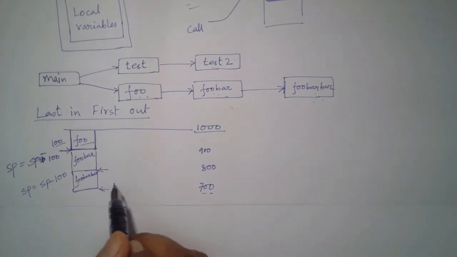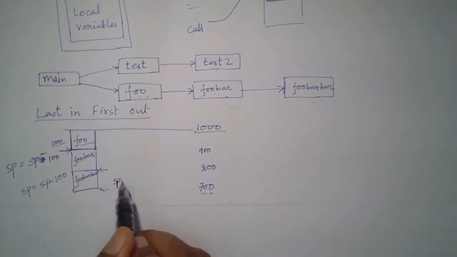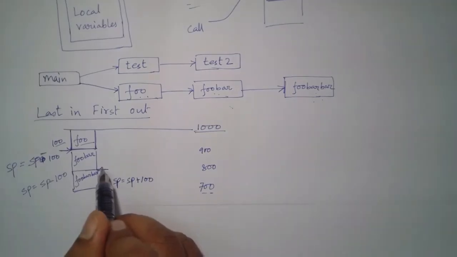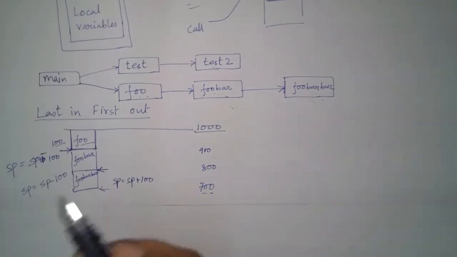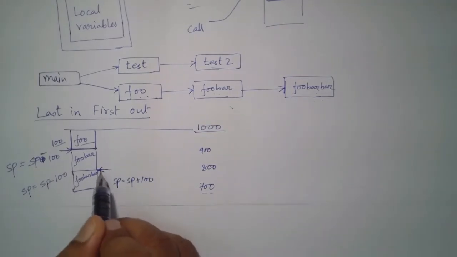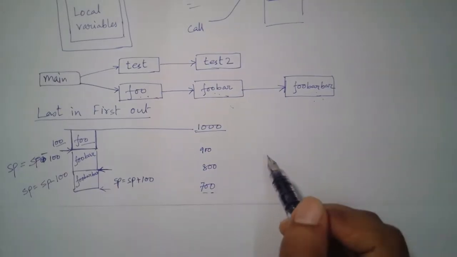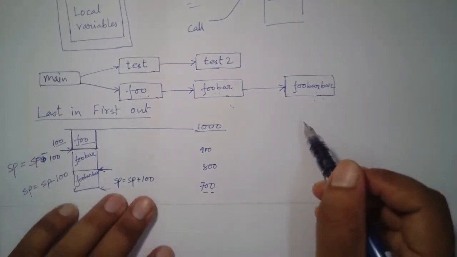So basically I will update my stack pointer as sp plus 100, and that will point towards this location. Now if I need to reallocate something, my stack pointer will be pointing to this location and I can reallocate this space. So this is very easy and intuitive to implement.